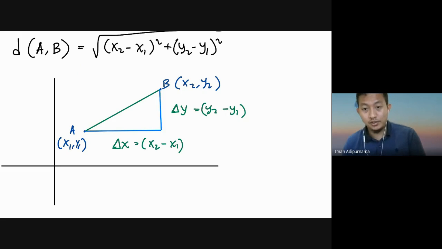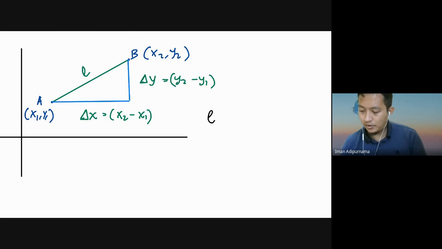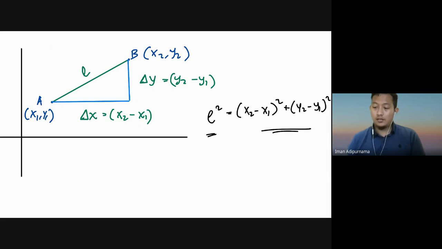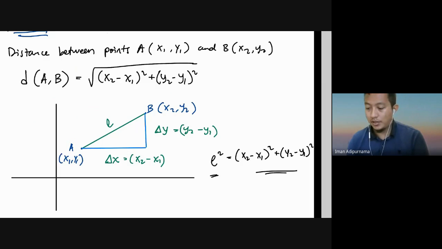And then you use the Pythagorean theorem to find this L. L squared is, and that's how you find the distance formula here.